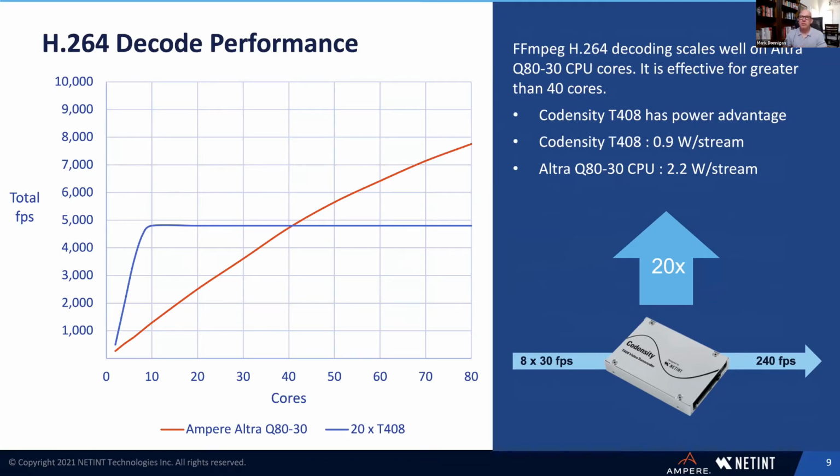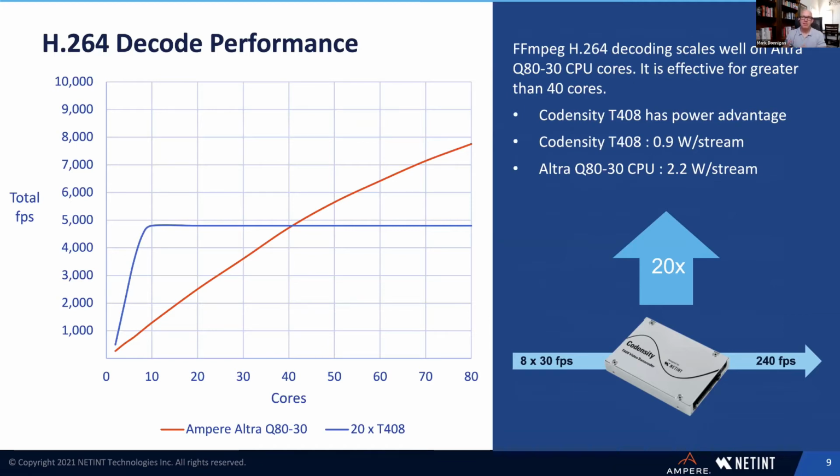What you're looking at here, on the y-axis, is the total frames per second coming out of the system. This is an Ampere Altra Q80-30, so this is 80 cores. This particular chassis was loaded with 20 T408s.